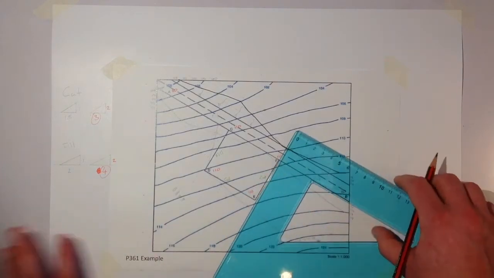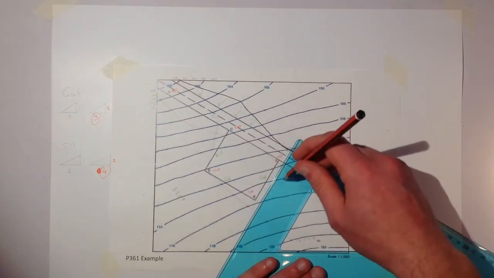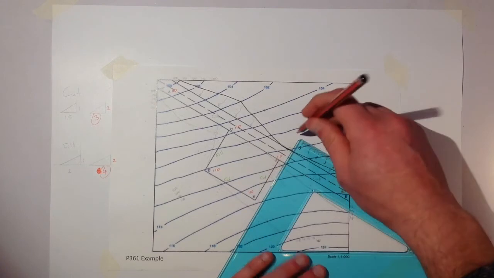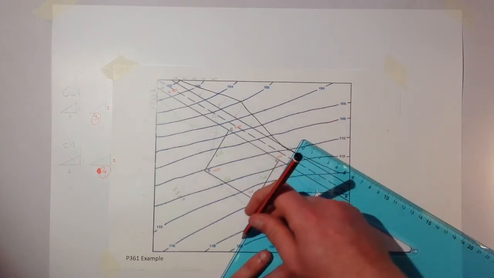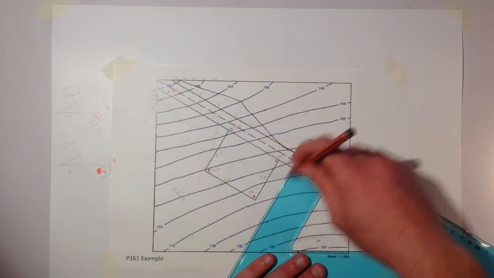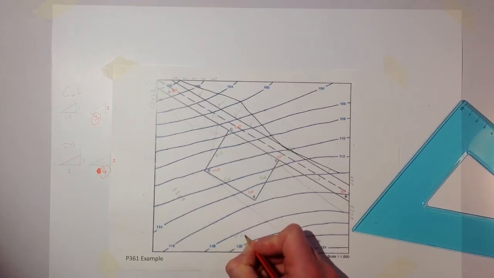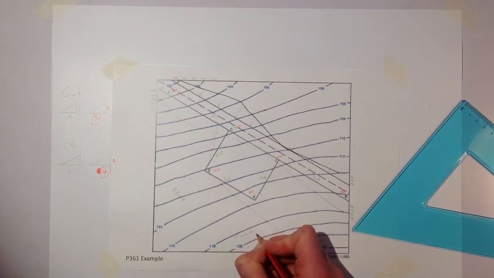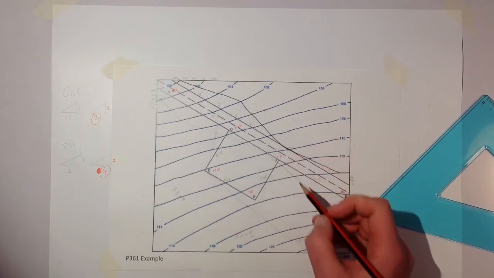Okay, draw my lines down. So putting in my labels. Labels are really important on this to make sure that you're getting your heights at the right place. So 118 and 120.